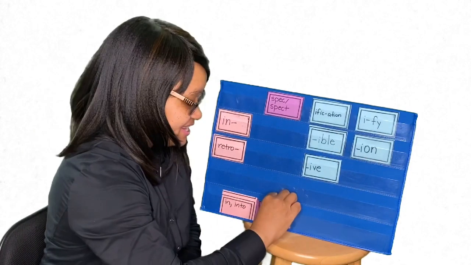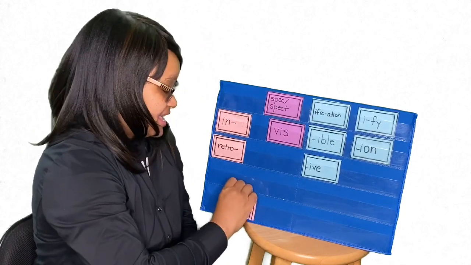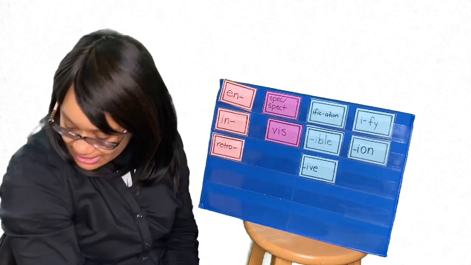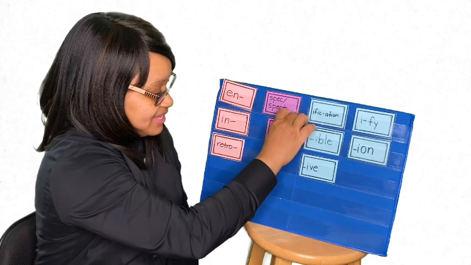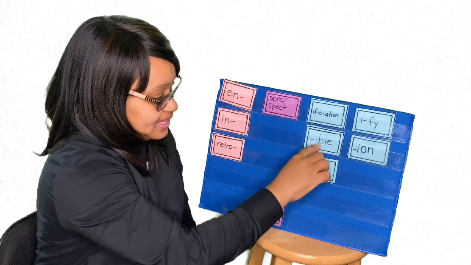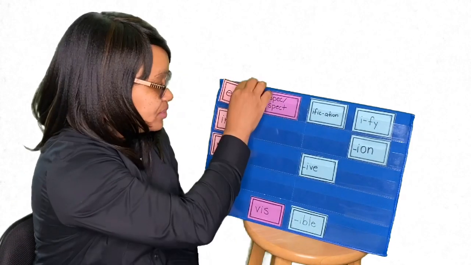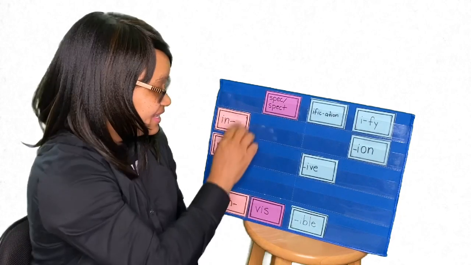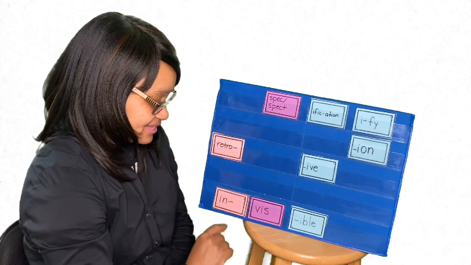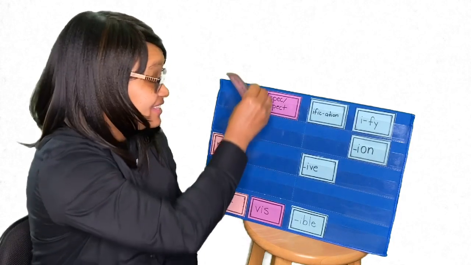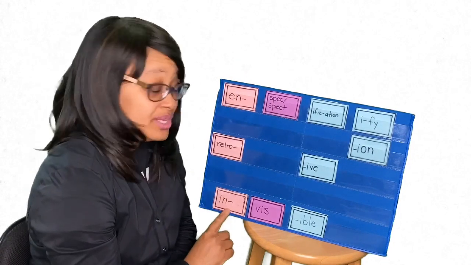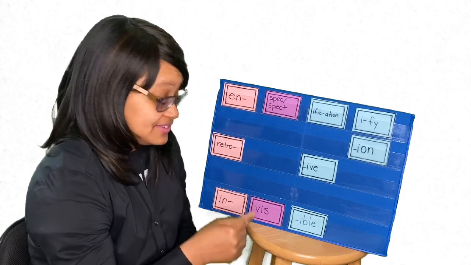Okay, let's make another one. Let's make invisible. So we have our viz again, and ible. And now which in? Is it this in or this in? In this case, it is the in and not the en, because we want it to be not visible.